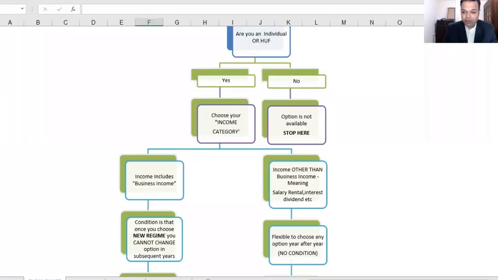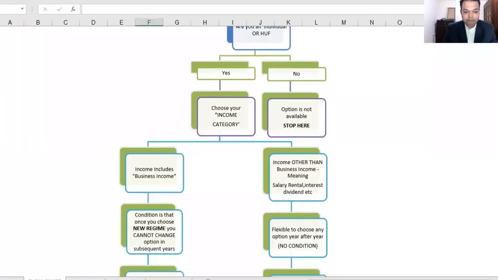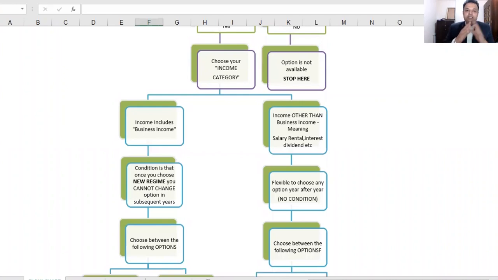Now I'll present the screen so that you can understand clearly what I mean. As I said, I will explain firstly the concept of the old and new regime. I think the screen has come up on your system. Now, friends, as I said, there is the old regime and there is the new regime.